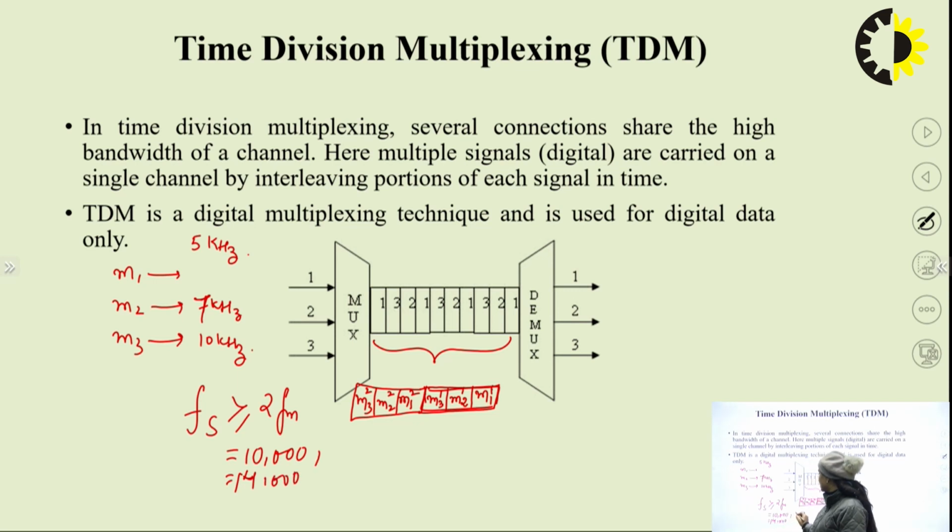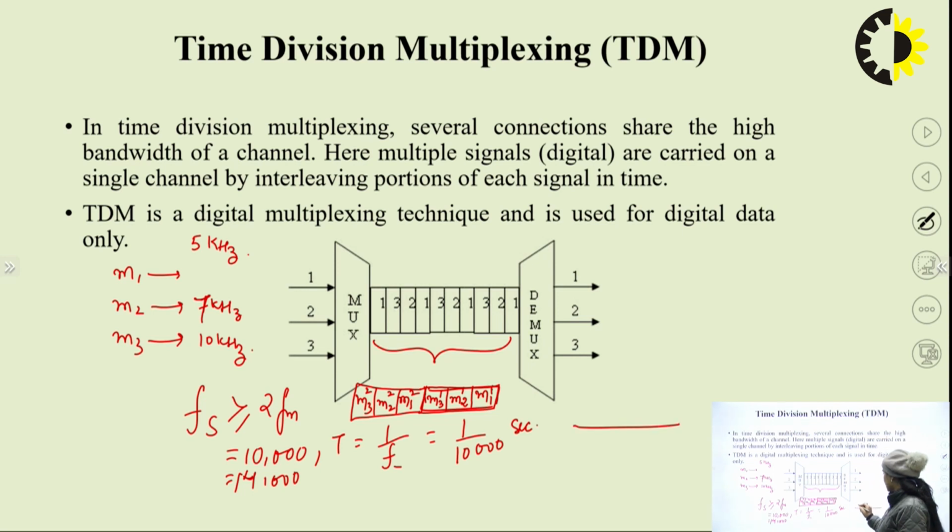And if I calculate the time gap between the appearance of samples, that would be the inverse of frequency. That is, samples are appearing after every 1 by 10,000 seconds, right?